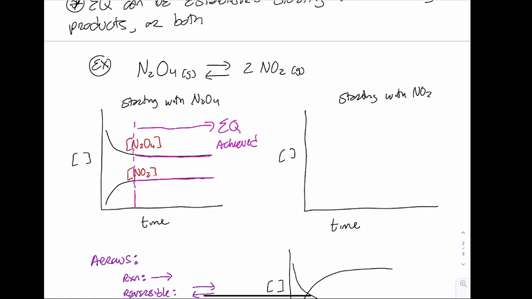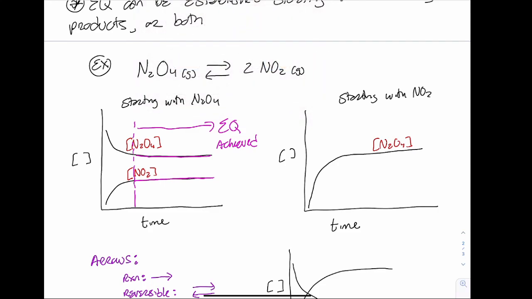So this time I'm going to have NO2 increase. Sorry guys, I kind of wanted to make that straighter. So this would be my concentration of N2O4.